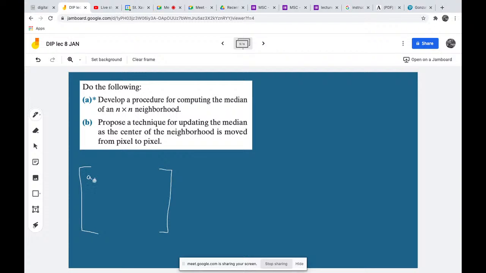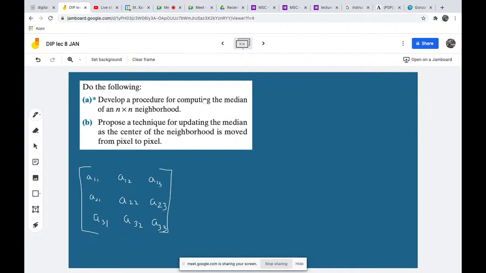So this is my 3 by 3 neighborhood. Develop an algorithm for computing the median of n by n. Here n by n is 3 by 3.